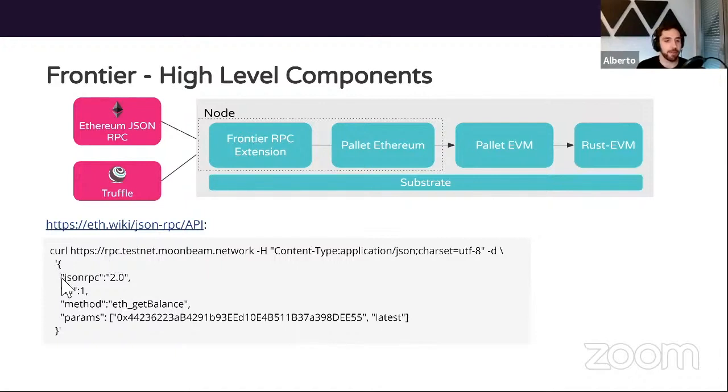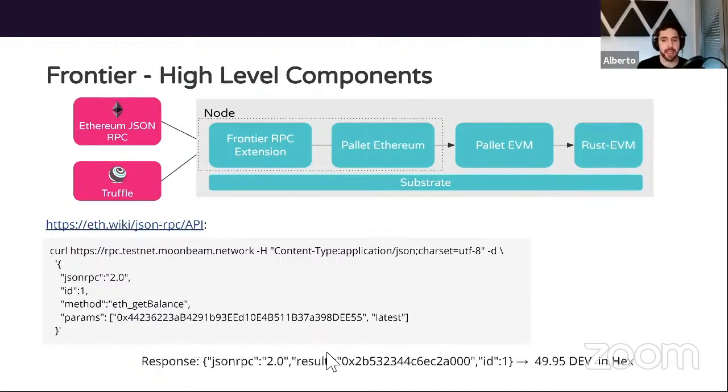And this is the JSON RPC blob. Basically, you can see that in methods, we're requesting eth_getBalance. And in parameters, we're passing the account that we want to query the balance from. And here we're putting latest, just to make sure that we're getting the balance from the latest block available. And if we do that in a terminal, you will get this response.